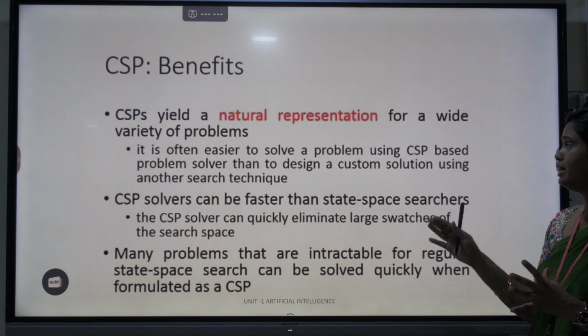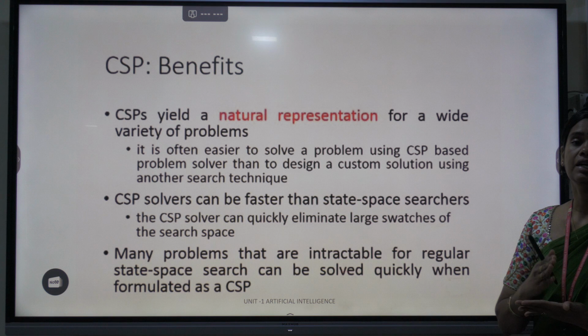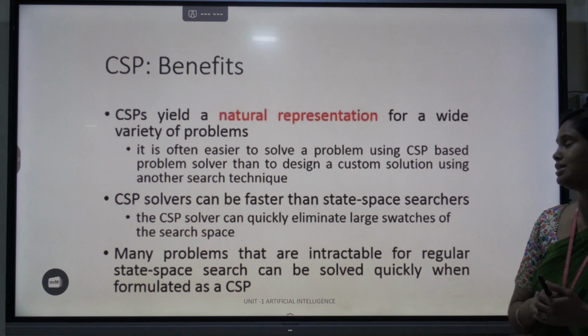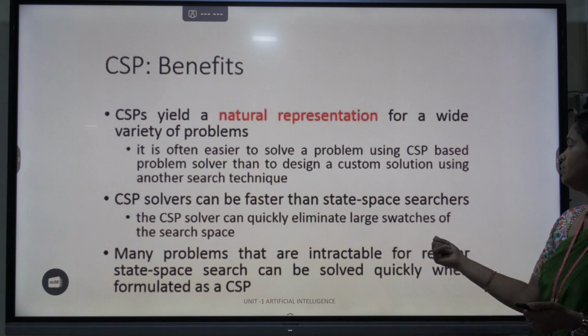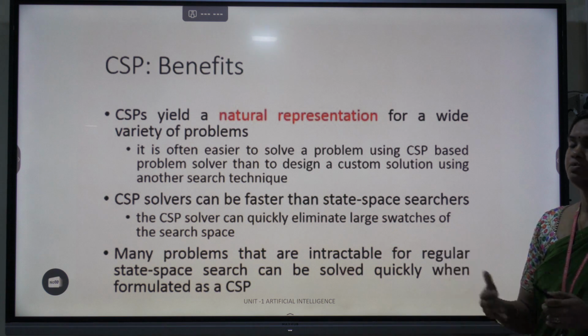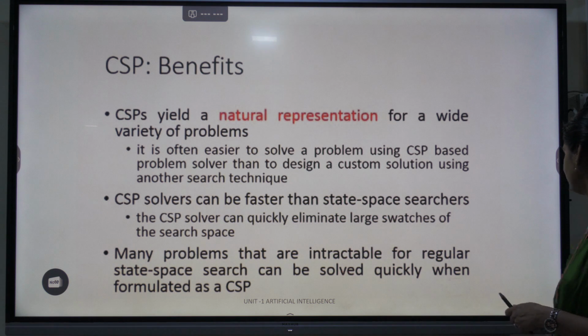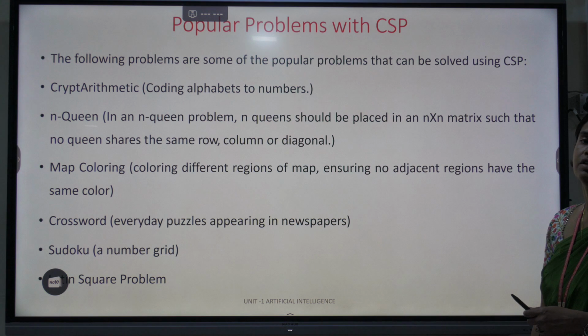But that is not the case in constraint satisfaction problems. Unless it is a legal assignment, we won't go further. That is one advantage. And many problems that are intractable for state space search, CSP can help us solve. So we have some problems of CSP.